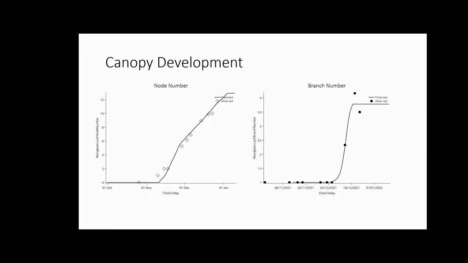This is showcasing an additional study that we did using the Jade cultivar, which is the most popular variety of mung bean in Australia, about 90% of the mung bean grown here, where the points are the real data and the lines are the simulated data. We took measurements of the node number there on the left and the branching rate on the right.